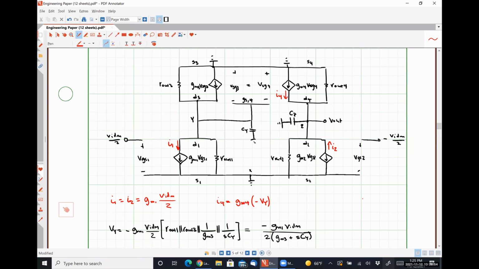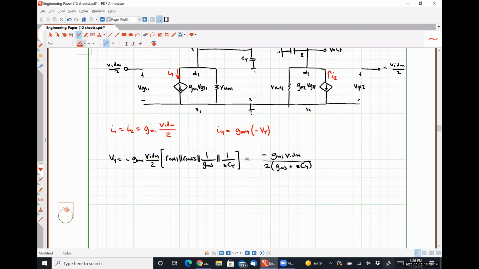And I can see that a current of I2 and I4 are both flowing into the output node, and they see a total impedance of R out 2 in parallel with R out 4 in parallel with CZ.